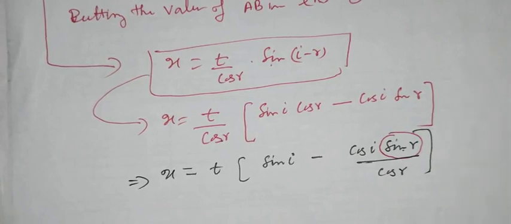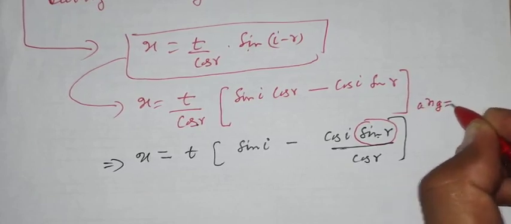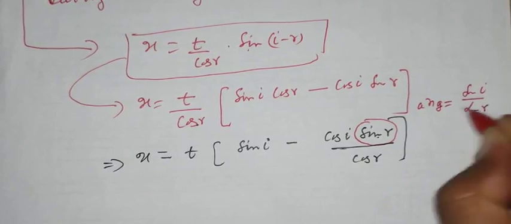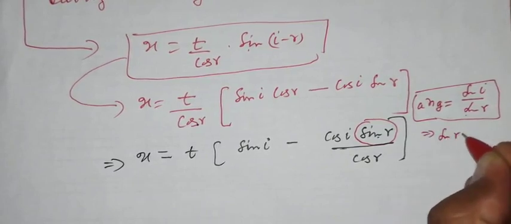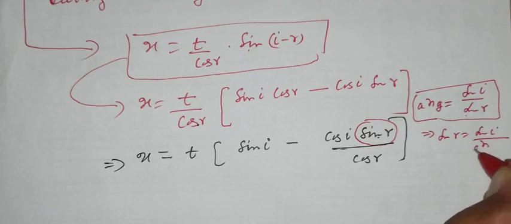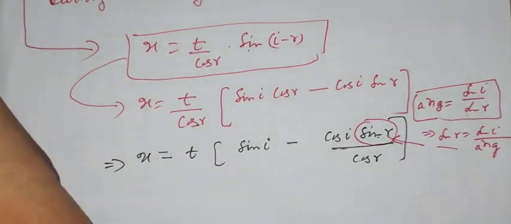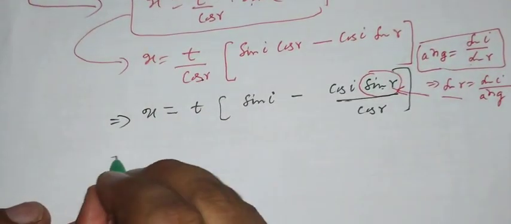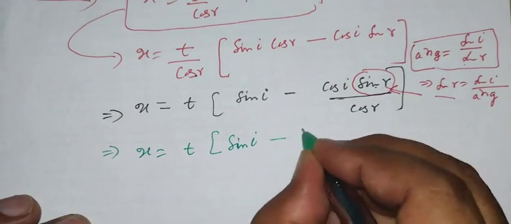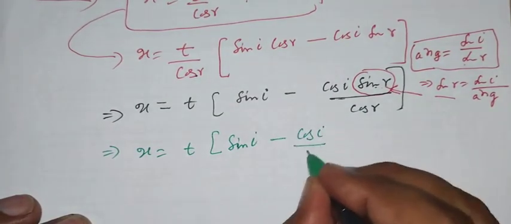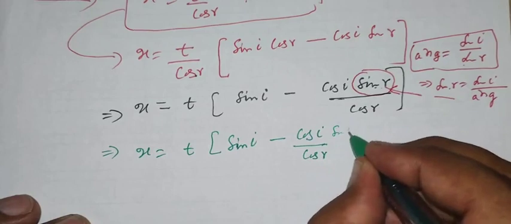We are going to use equation number 1, that is refractive index of glass with respect to air is equal to sin I by sin R. So sin R is equal to sin I by n.